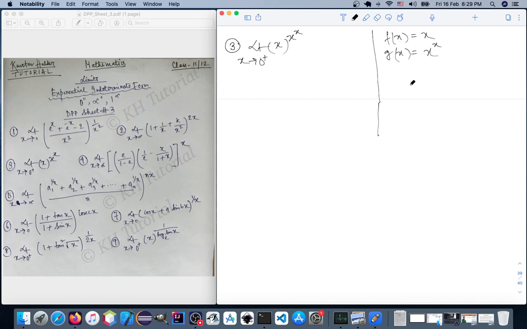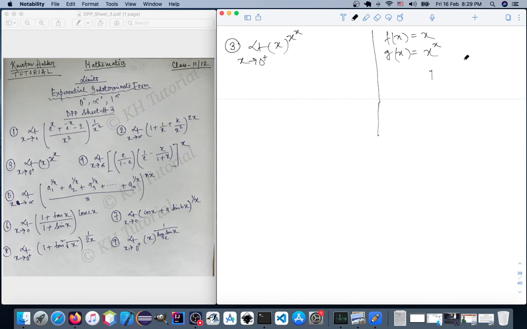So if we try to find the limiting value of x to the power x, it is of the indeterminate form 0 to the power 0. So applying the general method for solving exponential indeterminate forms, let's say y.